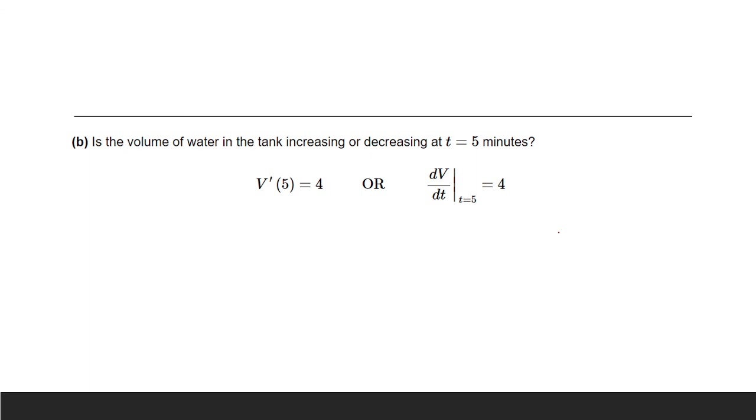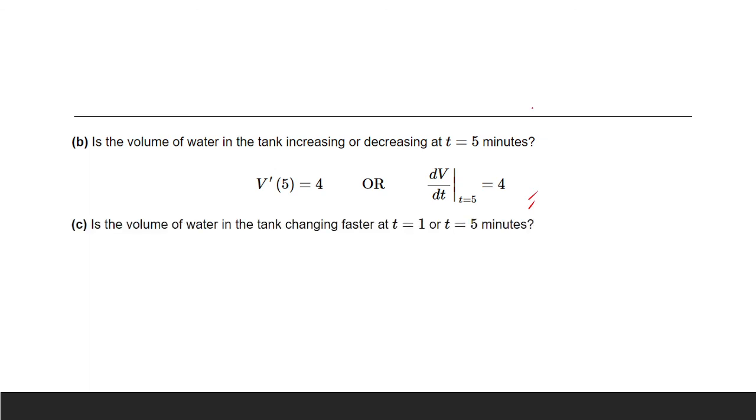So we have v prime of 5, because that is 5 minutes, is equal to 4. So ibig sabihin nito, we have a positive number 4. At the 5-minute mark, ang nangyayari naman dun sa system natin is nadadagdagan siya ng 4 units of volume per minute. So, that is why 4 yung sagot natin dito.